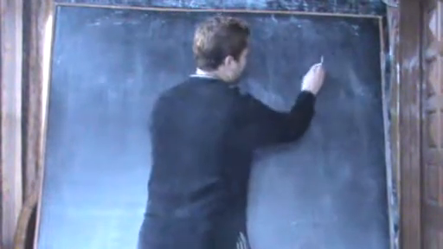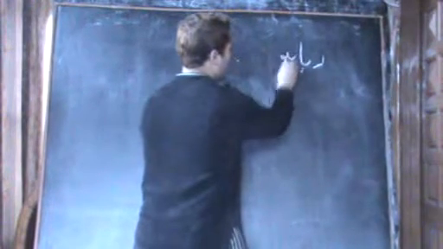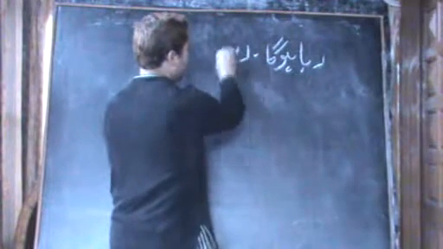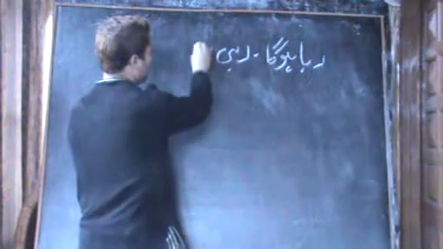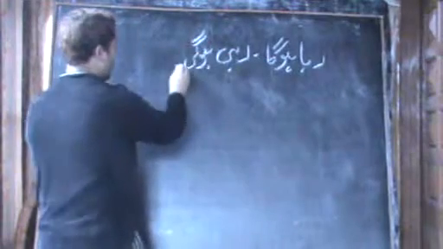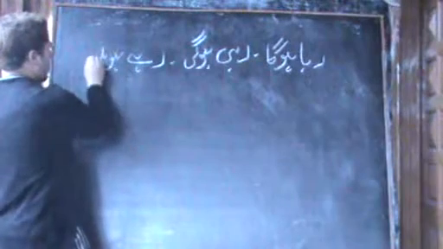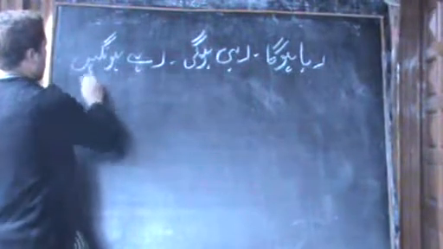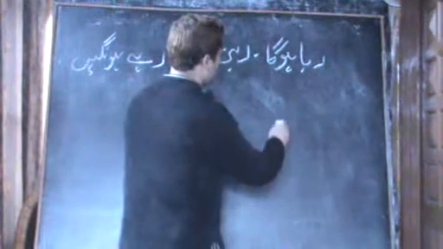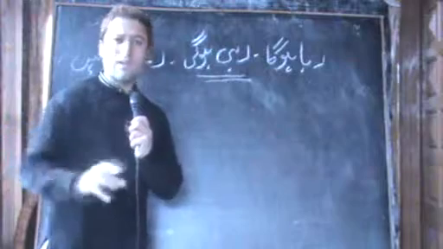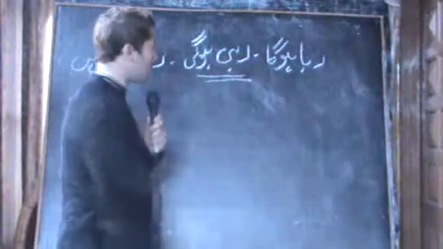Let me start the lesson. That is raha hoga, rahi hogi, rahe honge, honge. And sometimes we use honga, hongi, but that's very colloquial, and this is the proper one.